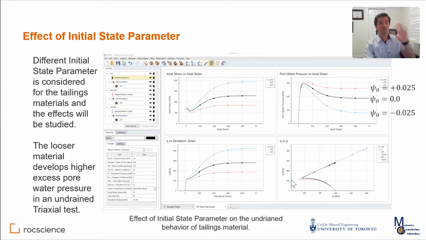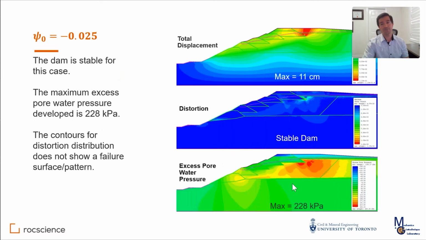Now, I'm looking at all these effects in the dam that I mentioned. So if I'm simulating the dam and assuming that the Norsand material, the tailing material, is on the denser side, so that initial state parameter is negative 0.025.